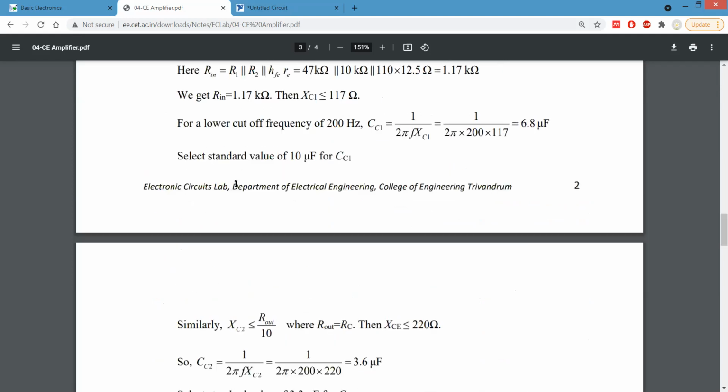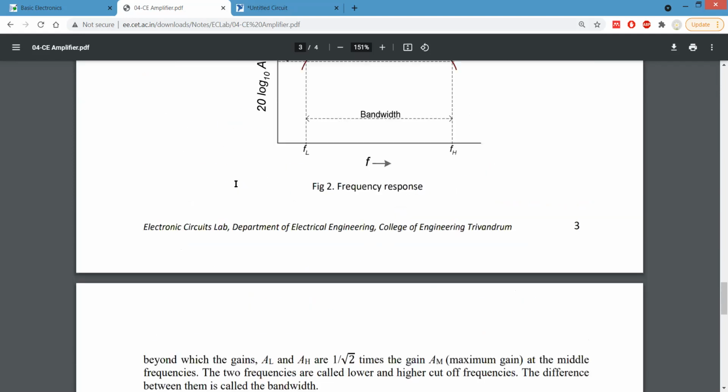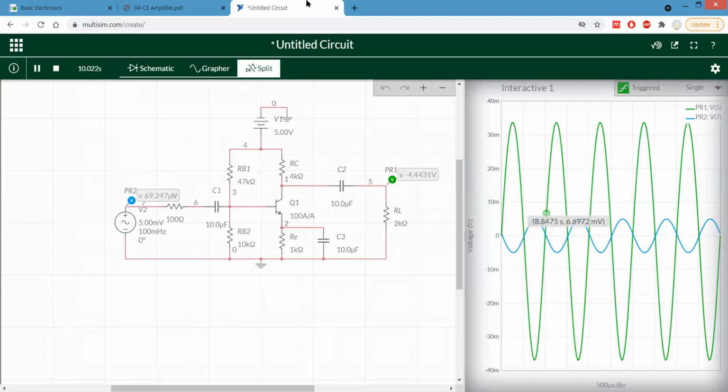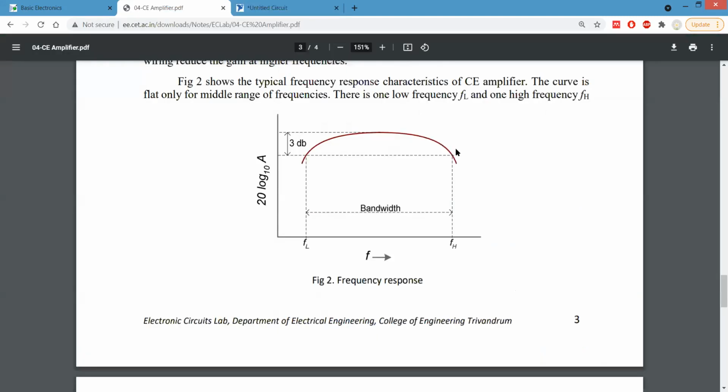Yes, this type of frequency response we should have, but I don't know why in this simulator we are not having that AC response. It should be like this. Then we can calculate this bandwidth and also this higher frequency and lower frequency.